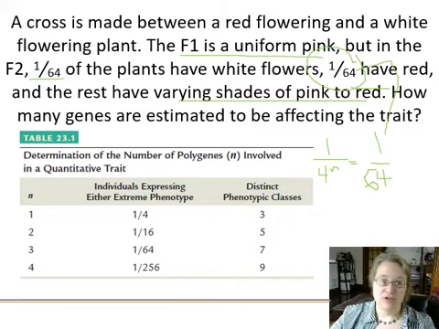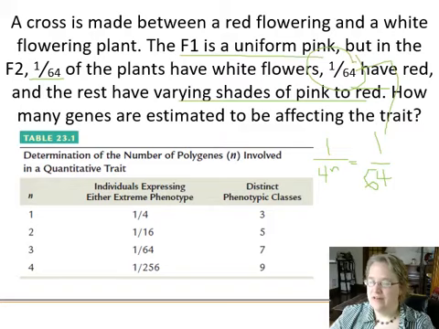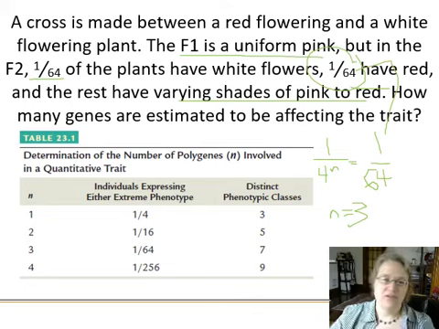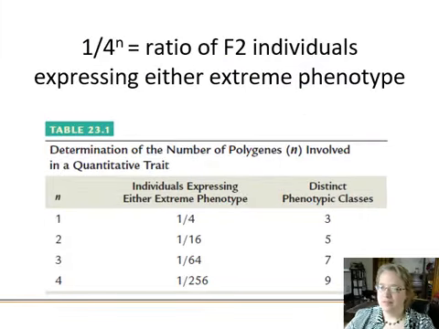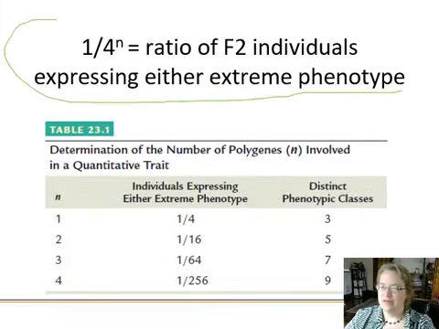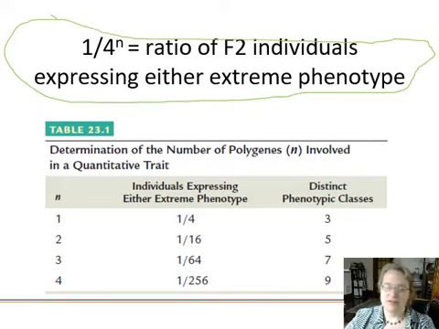I'm not going to give you this chart, and you figure out that 4 to the 3rd power is 64, so therefore n equals 3. There are 3 genes involved in this particular color phenotype. Great, so I will give you this ratio, but hopefully you'll know how to use it. I'll give you some practice problems too.